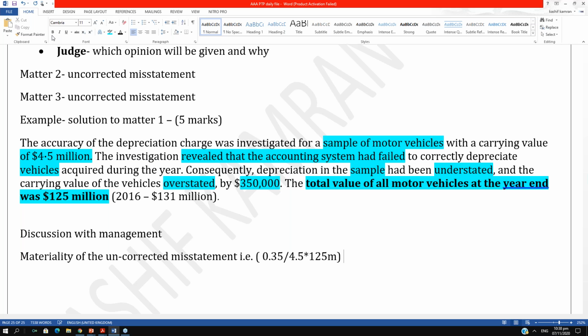The materiality of the uncorrected misstatement, that is $9.72 million, is a fill in the blank percent of the total assets, and a fill in the blank percent of the profit before tax.